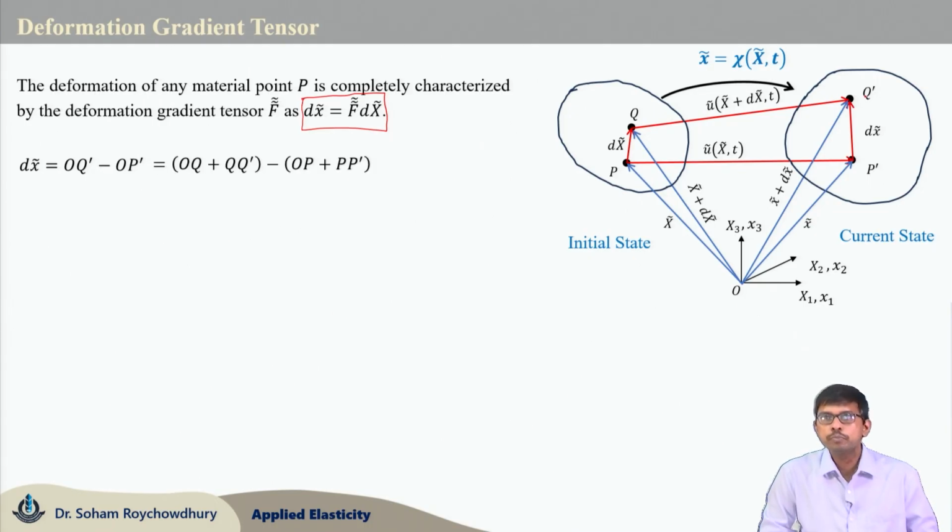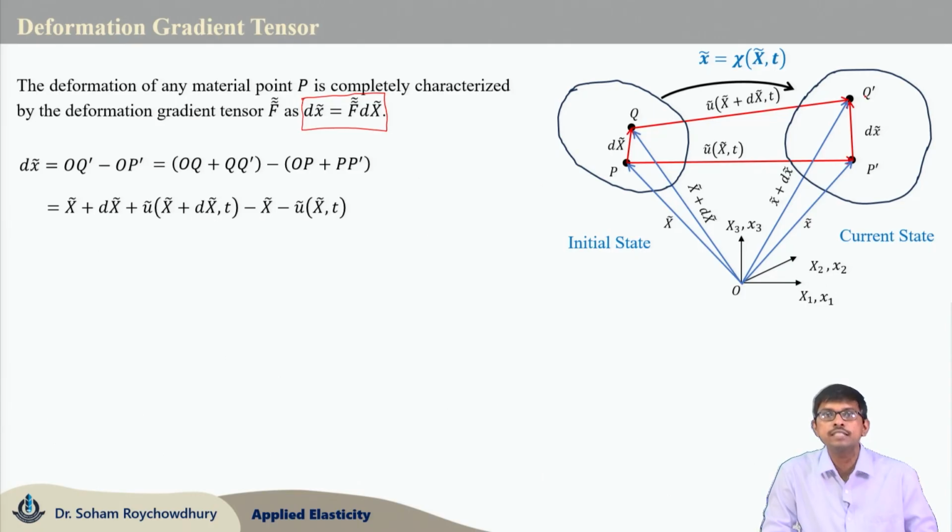Now, OQ' can be written as OQ plus QQ', where OP' can be written as OP plus PP'. Now, OQ is nothing but capital X plus dX, OP is capital X, OQ' is small x plus dx, OP' is small x.